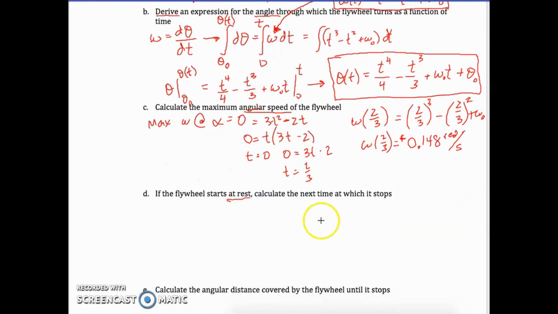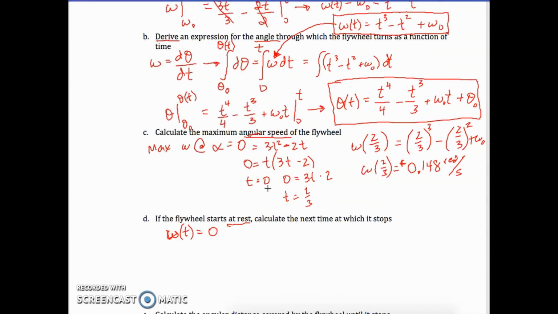All right, part D, calculate the next time at which it stops. So now we're going to take the expression for the angular speed and set it equal to 0. So we come back up here to part A, and we have t cubed minus t squared plus omega naught, and now I've finally remembered to put in there that it's starting at rest, so that is 0.